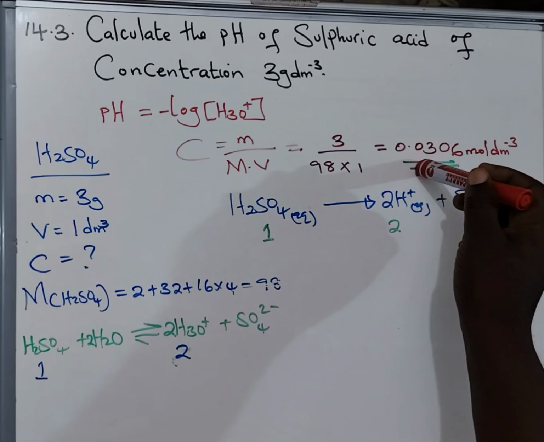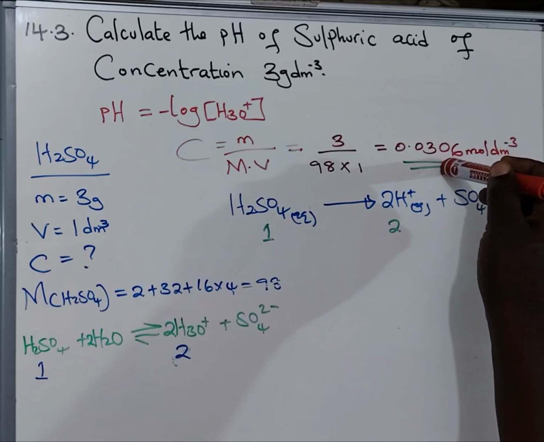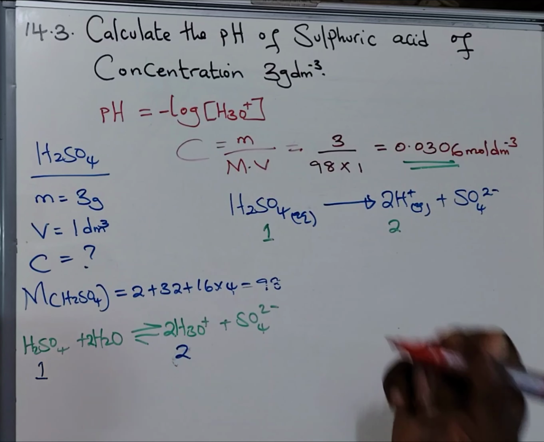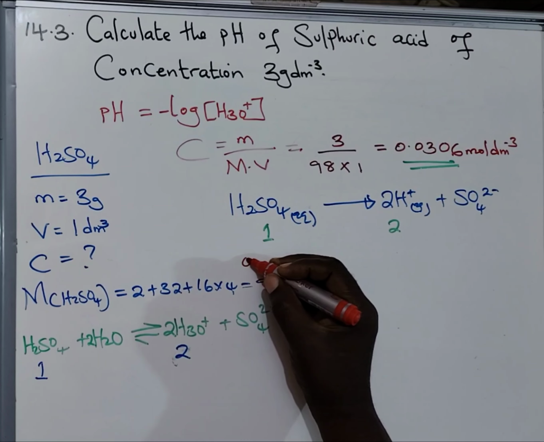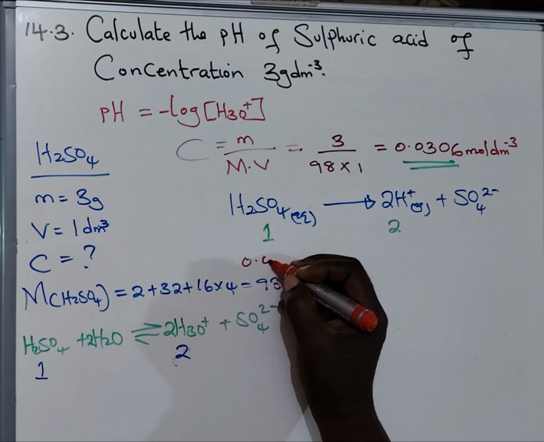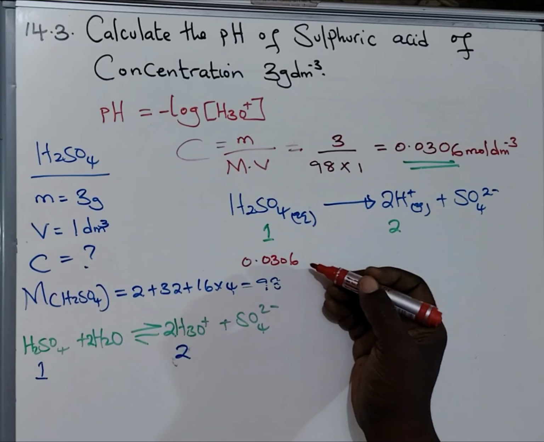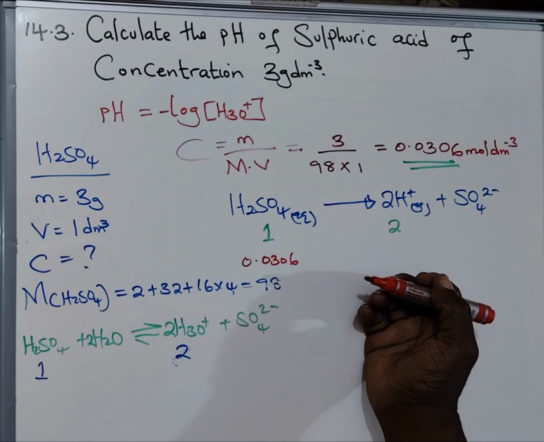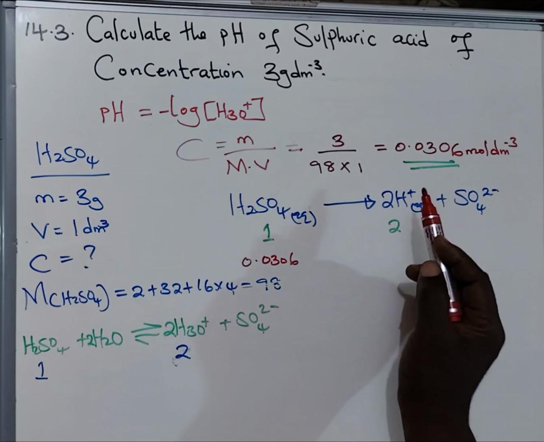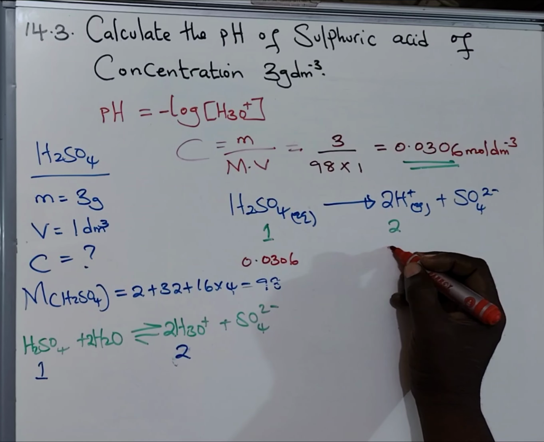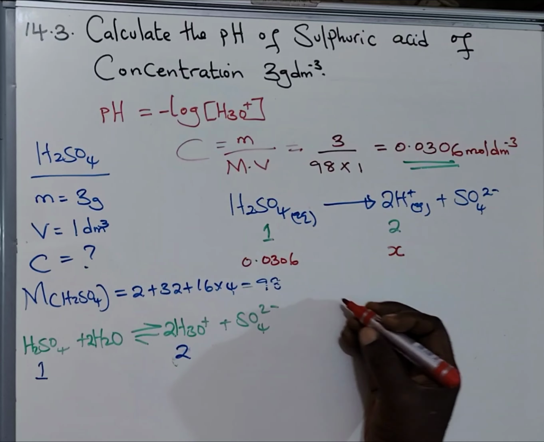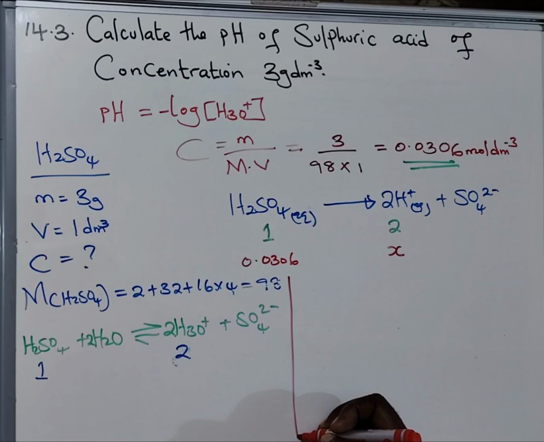So what do you do here? You quote these. These ones are the number of moles of sulfuric acid. So you put them here. They are going to be 0.0306 number of moles per cubic decimeter, which is concentration. But the mole ratio is 1 to 2. So what are you going to have here? X. And how do you find X? Through cross multiplying.